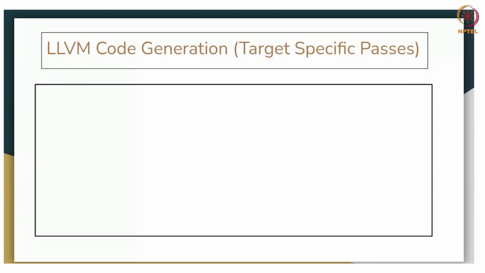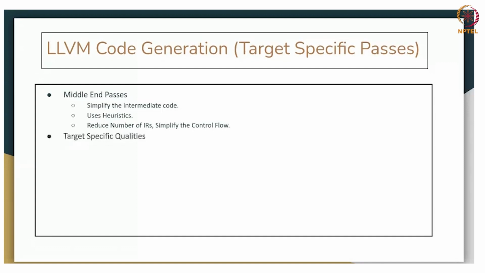So here, the middle end passes simplify the intermediate code. They use heuristics, and typically simplifying means reducing the number of IRs or simplifying the control flow. Then target specific: the instruction set is different for different targets, and the number of registers is also different for different targets.